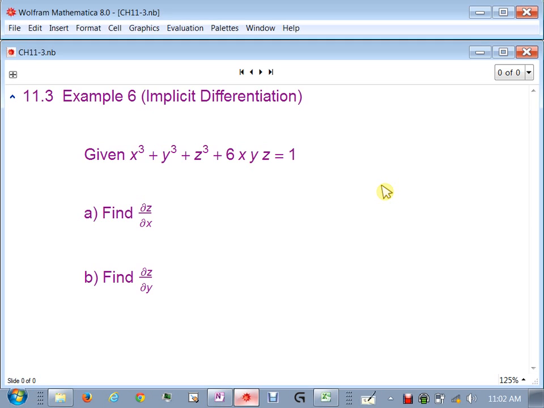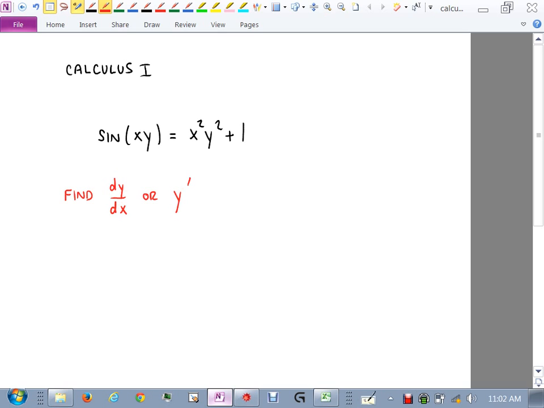All right, now to get us motivated here, back in Calculus 1 when we did implicit differentiation, we would have something like this: sine of xy equals x squared y squared plus 1. And you'd be asked in Cal 1 to find dy dx. Or they may have just said y prime, right?